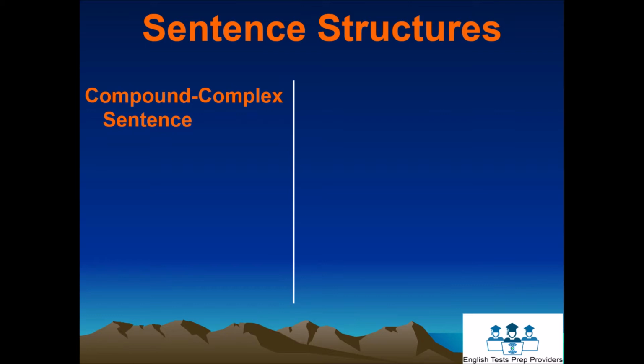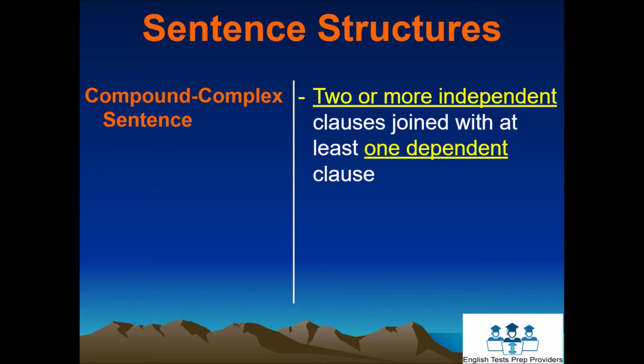The incomplete sentence is what we call a dependent clause. This time, we are going to combine compound and complex sentences, and we call this sentence structure a compound complex sentence. So what is a compound complex sentence?